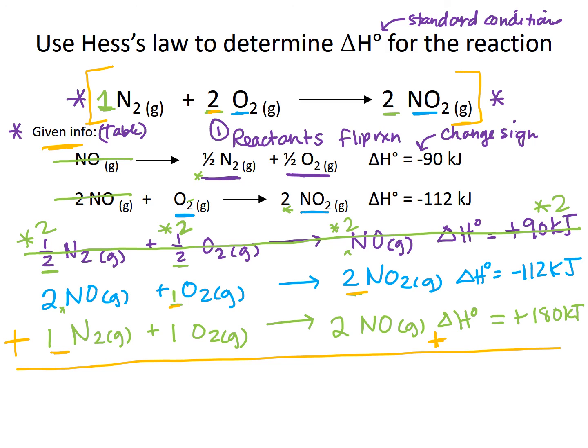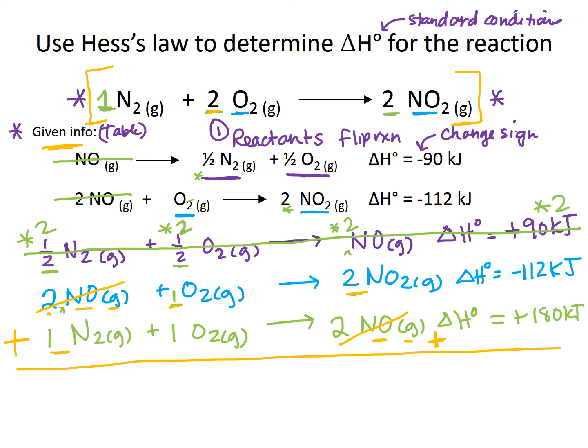I have 2 moles of NO gas. And if you look down here, I have 2 moles of NO gas. Because the number of moles is exactly the same, 2, and the compound's exactly the same, NO gas, I can cancel those out. So this is going to cancel with that.